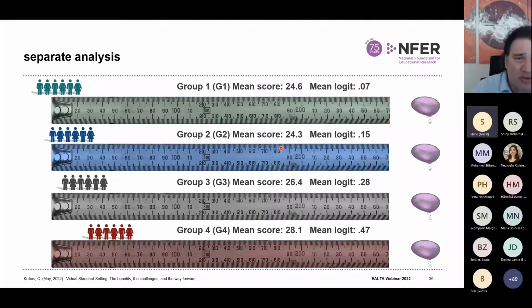Now, group 2 had a lower mean, but a higher virtual cut score in logits. That doesn't make sense. Well, it actually does, but they're not on the same scale. So I had to think about, how can I have everything on the same scale?